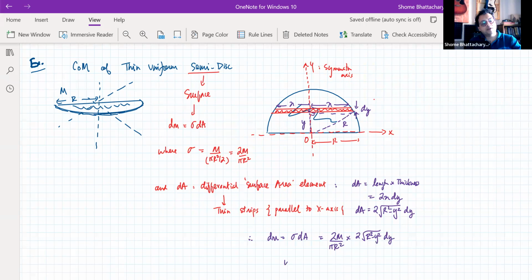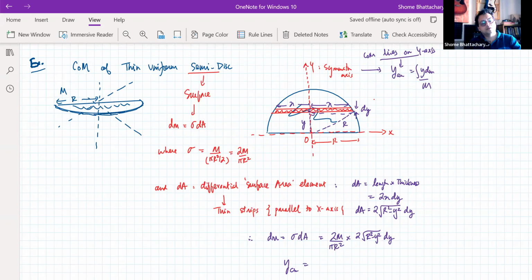Okay. So now the y coordinate of the center of mass of the system, because the y axis is an axis of symmetry, the center of mass lies on the y axis at a position which will be given by this formula.